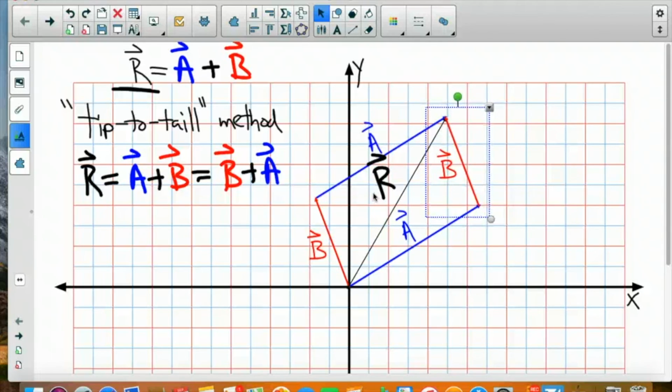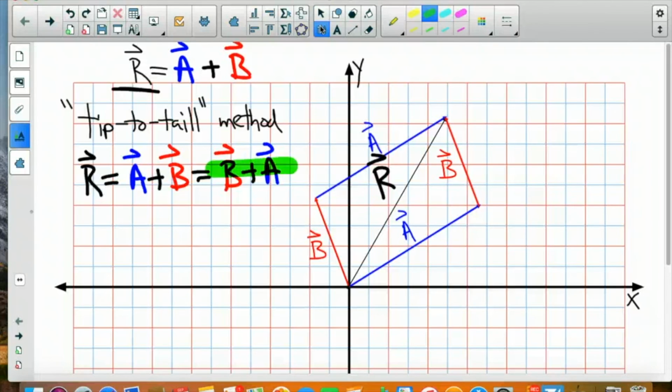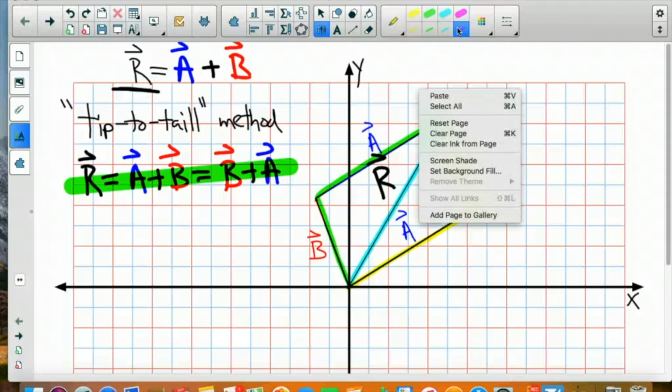You'll notice because of this commutative property that I get A plus B, which is that, is the same as B plus A, which is that route, and they both yield the resultant R vector. And it gives me this nice, lovely parallelogram that I've got here.